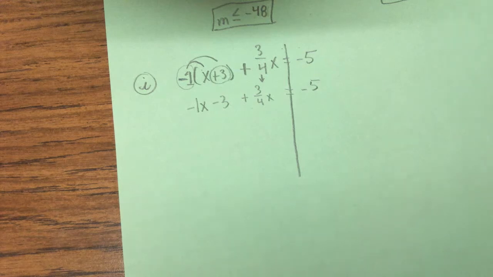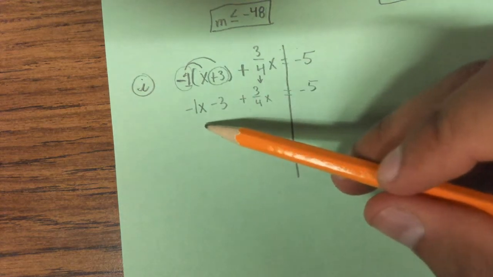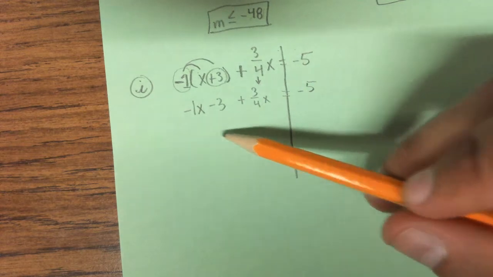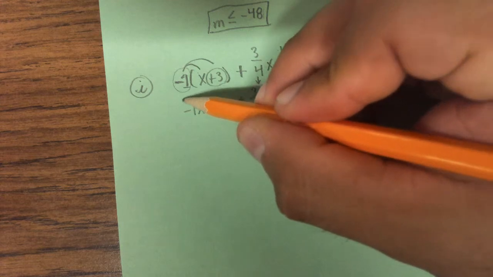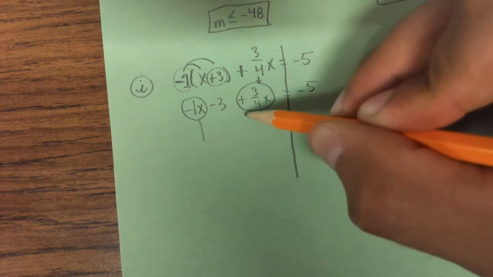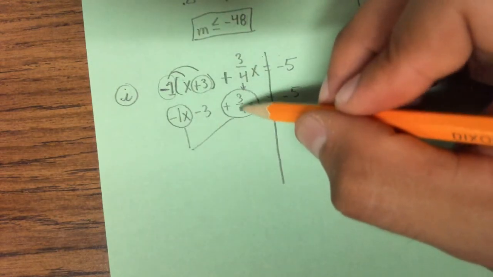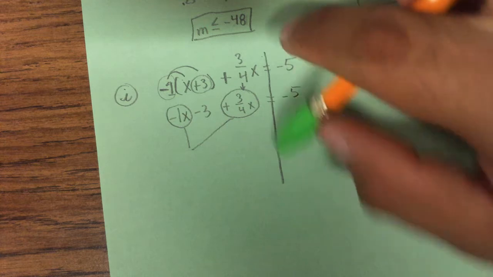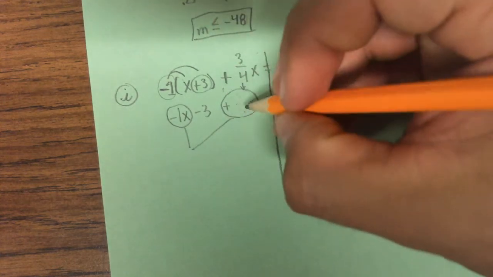Again, here's where a few of us make mistakes. We see the x and we see the x and we might want to say, okay, plus 1x plus 1x. Remember that you can't do that because that takes it to the complete opposite side. Since they're already on the same side, I can go ahead and combine my like terms. 3 over 4 is also going to reduce to 0.75, so I guess we should have done that first.